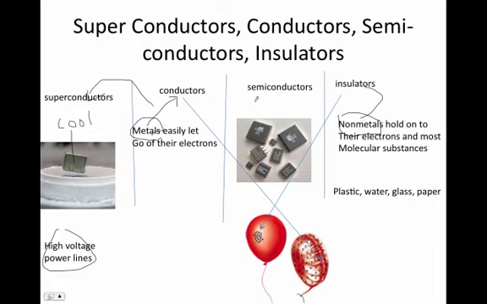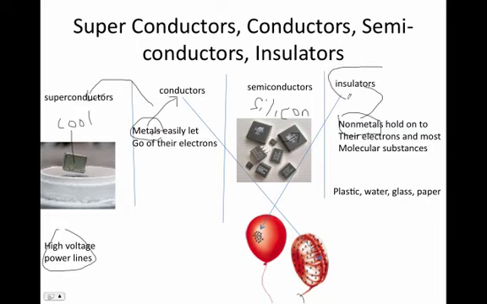And semiconductors, like silicon, which is used a lot in computer chips, would be considered a semiconductor, silicon, and they allow some flow of electrons through the substance to help us create electricity within chips, but the flow is limited.